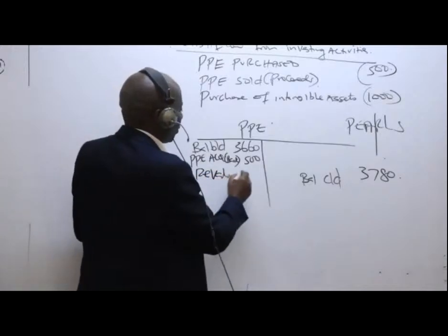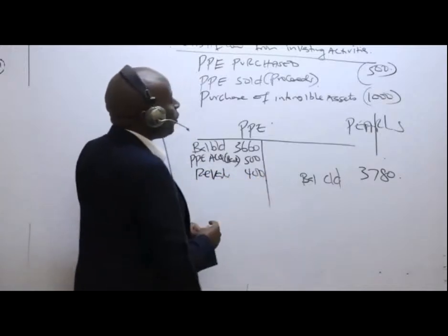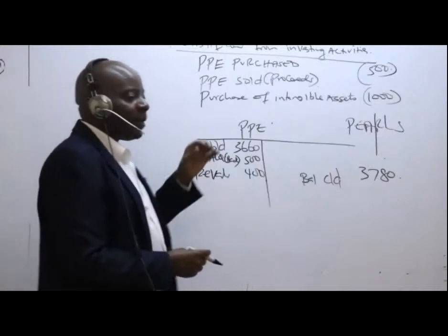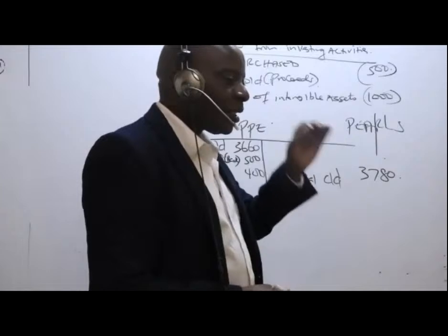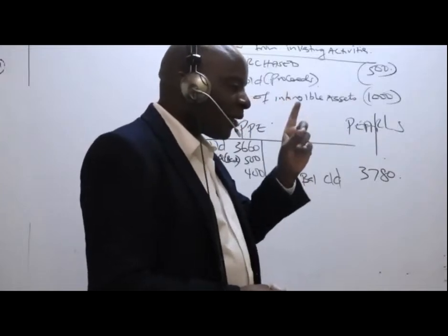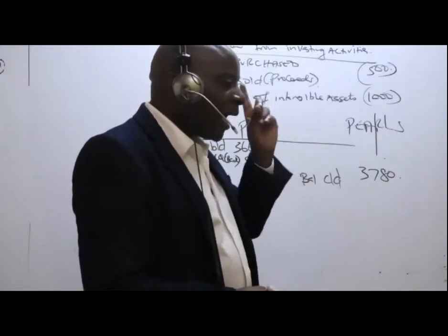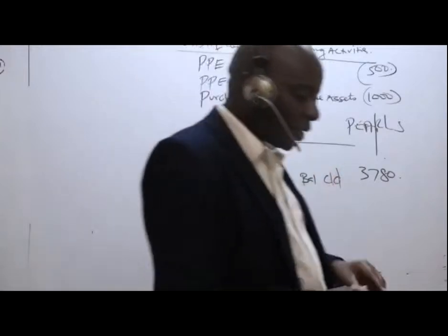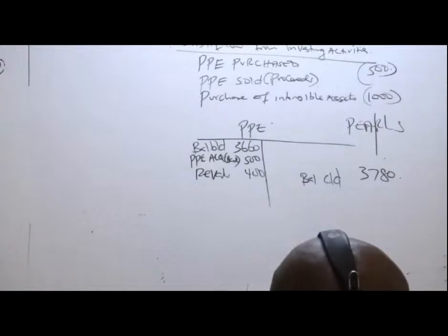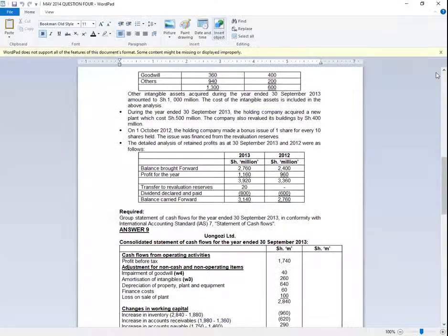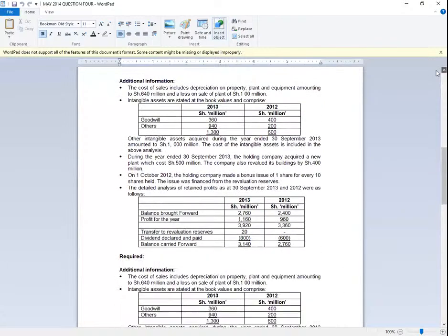So revaluation 400. And then if you remember very well, there is a place where they told us that we had a loss on sale of some asset. Do you remember that loss? There's a place they told us something like that.